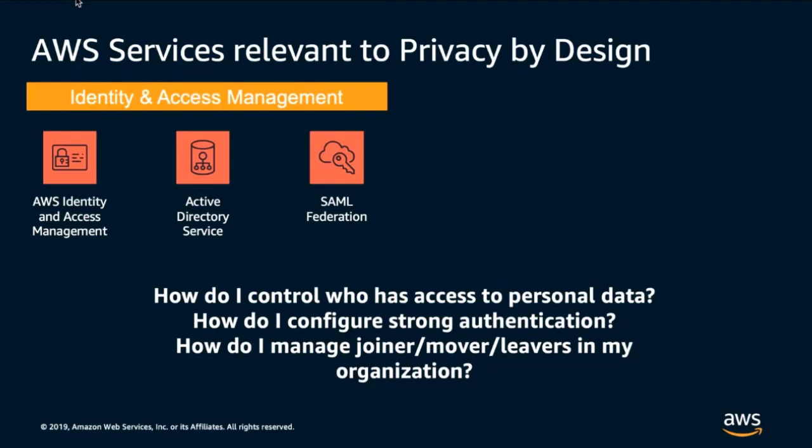However, beyond that, we also have things like our Managed Active Directory service, which allows you to set up single sign-on within the cloud for things like Windows workspaces, EC2 instances running Windows, and indeed even Linux can also authenticate against Active Directory.